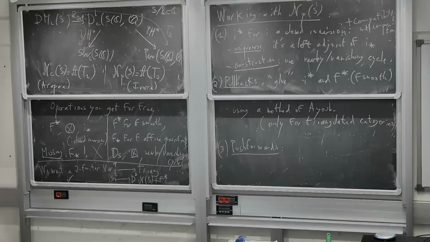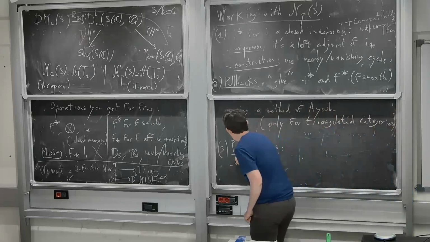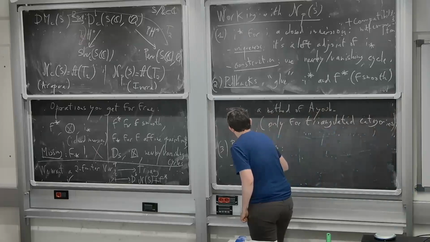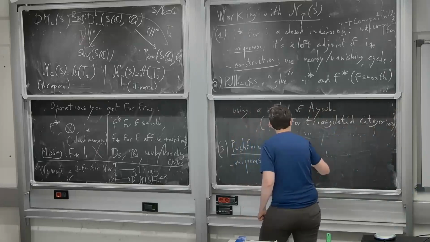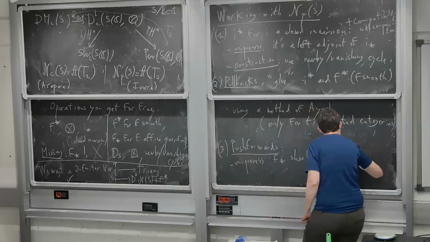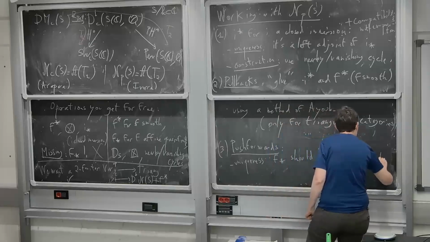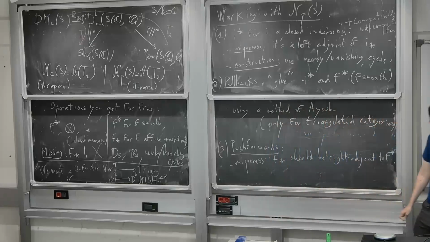So the first thing is, again, you have uniqueness. This is f lower star. So if it exists, it's going to be unique. It's going to satisfy compatibility with composition.